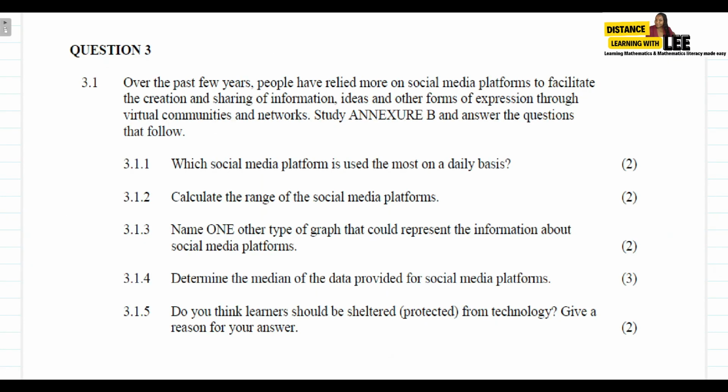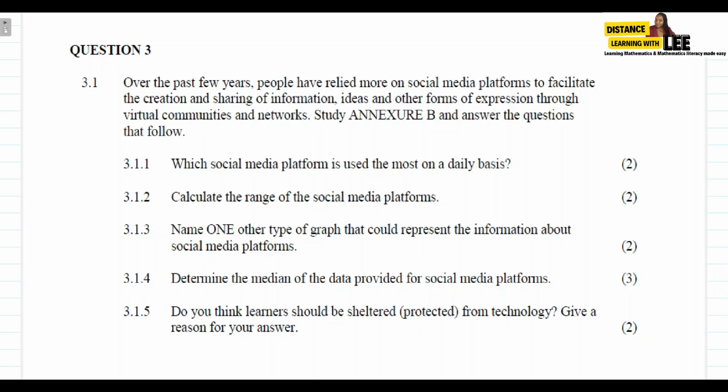Question 3.1.5. Do you think learners should be sheltered or protected from technology? Give a reason for your answer. My answer is yes, I think that learners should be protected from technology.